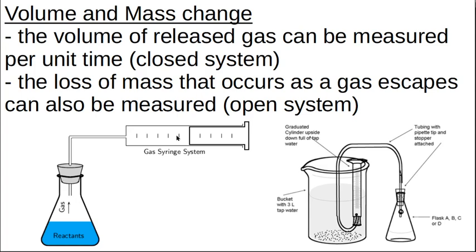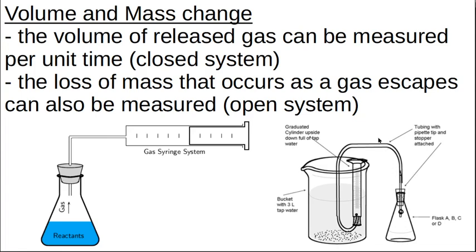Here's another way of doing it, a more primitive way if you don't have a gas syringe. You know those measuring cylinders you have in the lab, with all the markings? You fill up the measuring cylinder with water, you put your reaction in here, and you let the reaction go to completion.